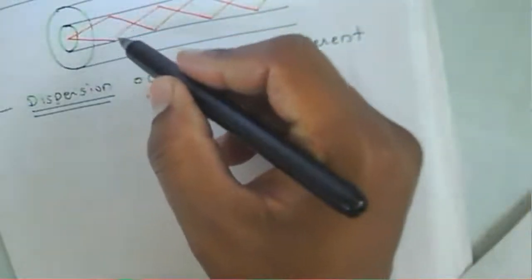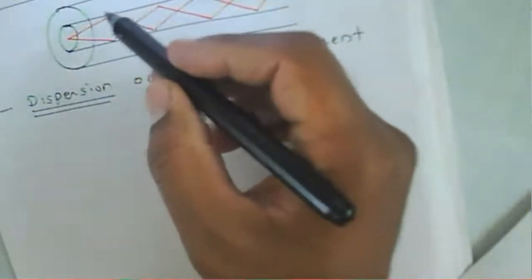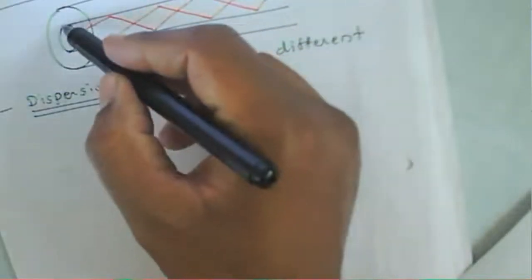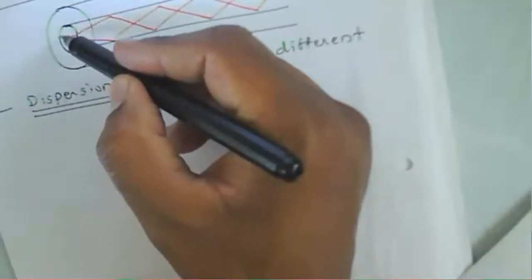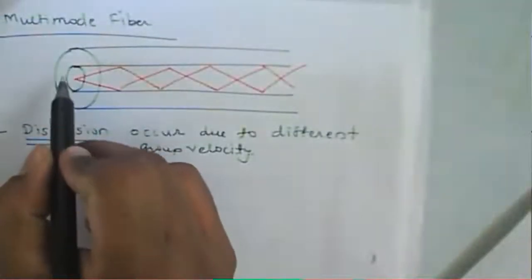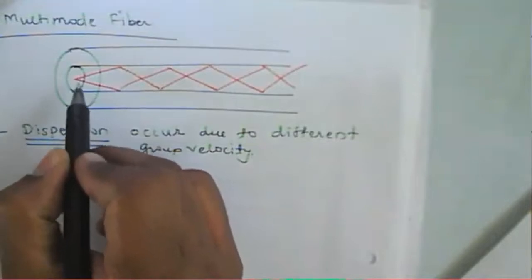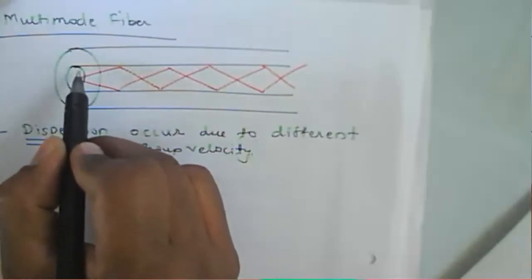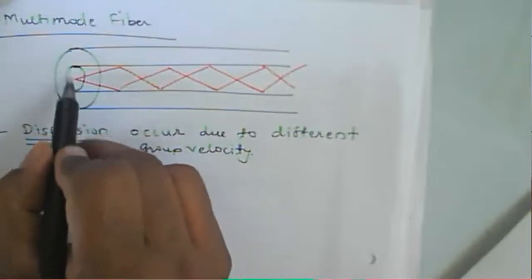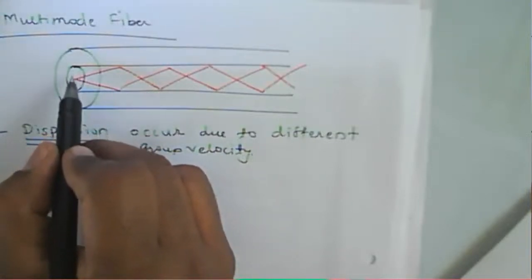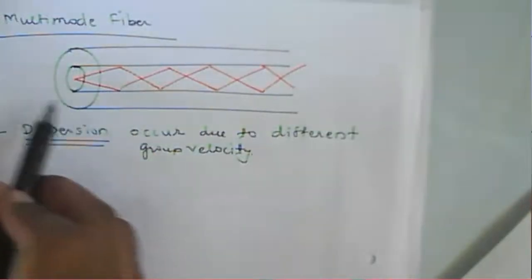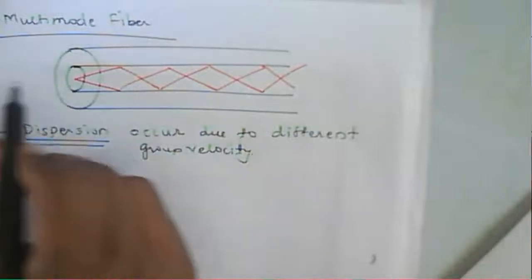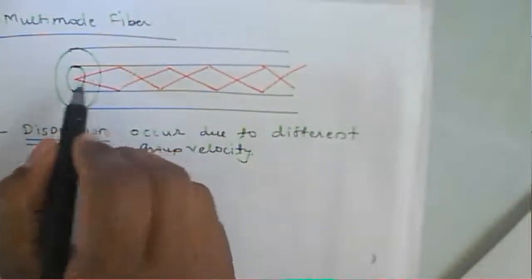Because there are different rays here, and it requires a large numerical aperture for the given fiber. Because of that large numerical aperture, the core diameter is again large, and so they are easily coupled to the optical source with different modes there.